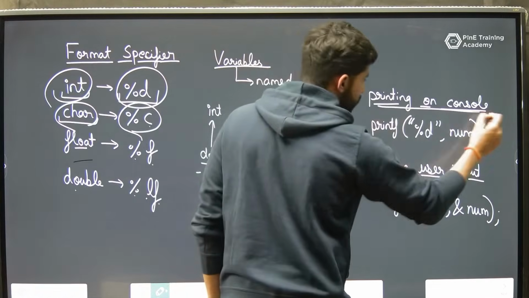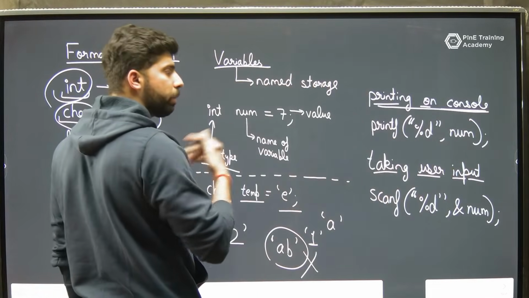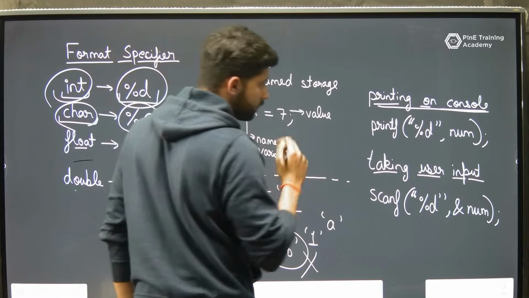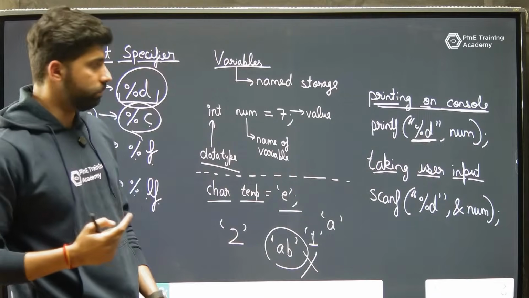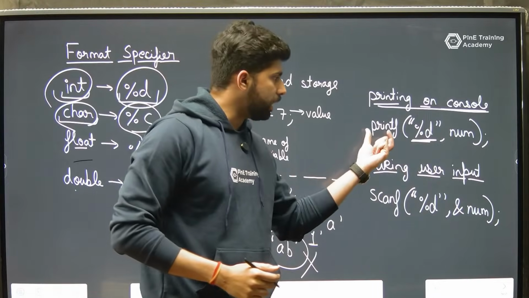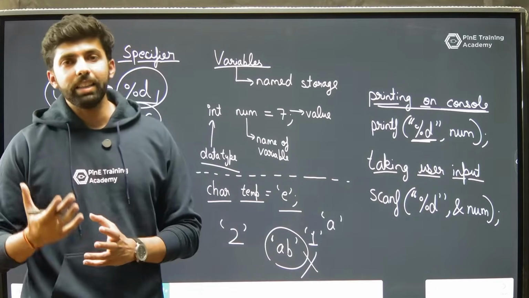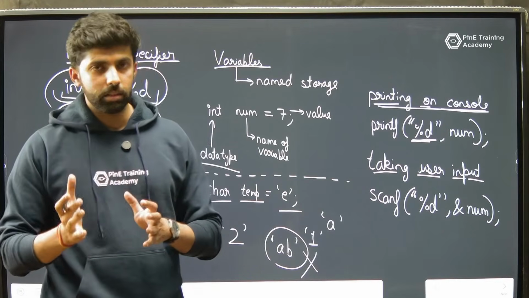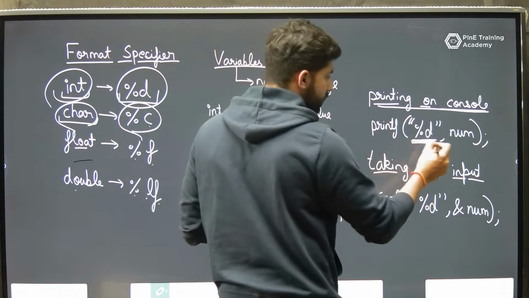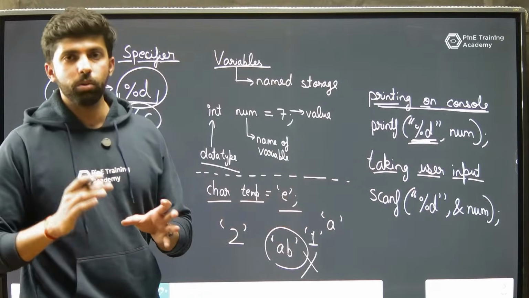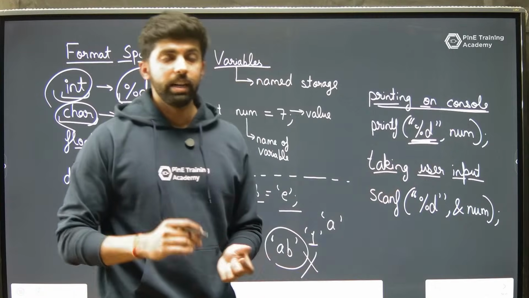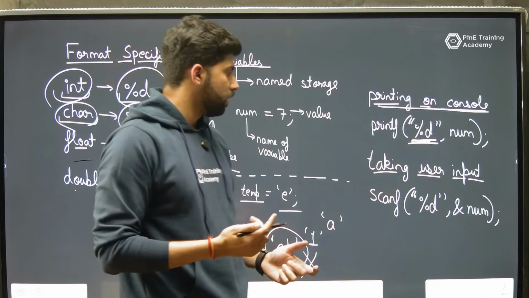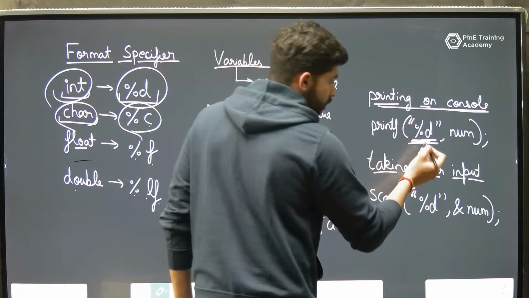Next, when you want to print something on the console, we have seen printf in the previous slide. Here I'm using the format specifier first. As I said, when I'm printing a variable, I need to tell the compiler what kind of variable it is. With this %d, the compiler will see that the variable I'm printing is an integer variable. This is how you use a format specifier.